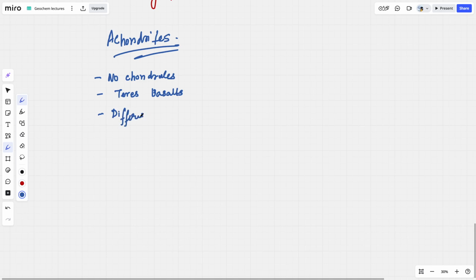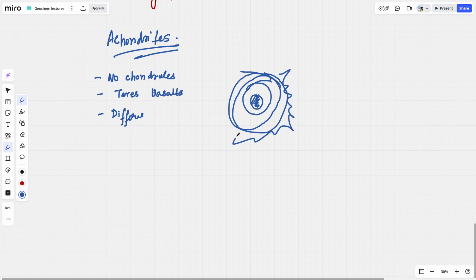So when a differentiated body which has a significant layering of core, the mantle and the crust, when it gets blasted, then it can form an achondrite.